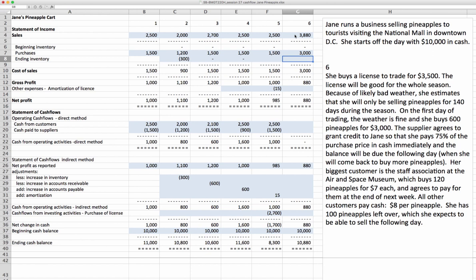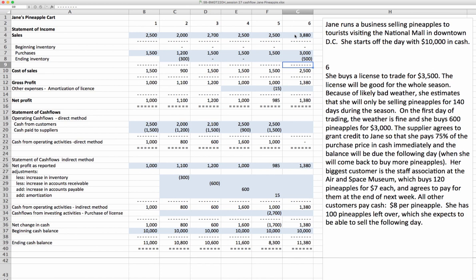She has 100 left over, so ending inventory is less 100 multiplied by this $5 each, or if you like, multiplied by the cost per pineapple, $3,000 divided by 600. $500 worth of inventory, and so cost of sales is $2,500. And gross profit then is $1,380.